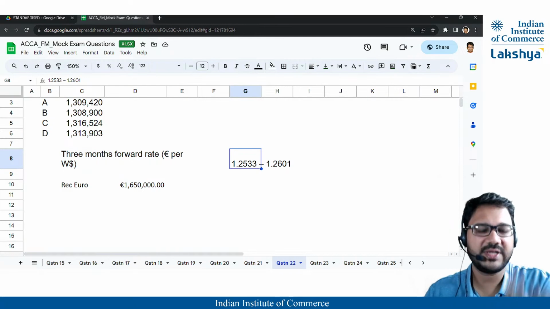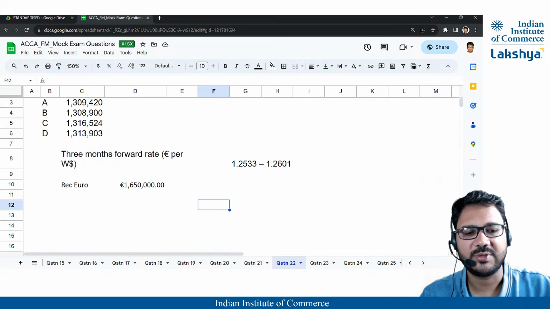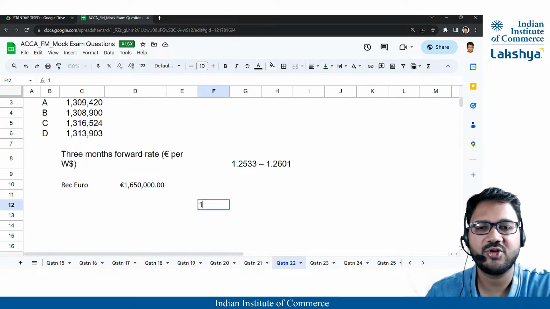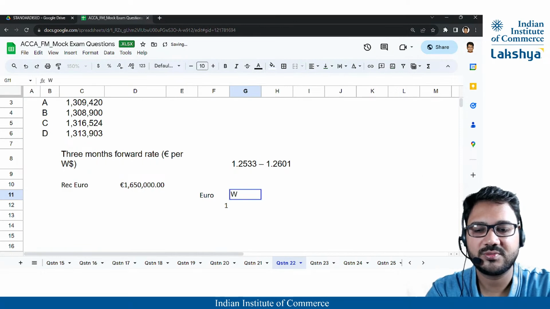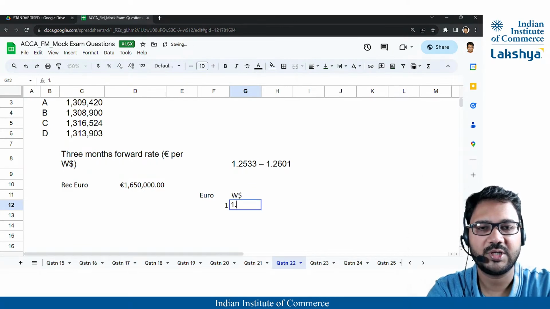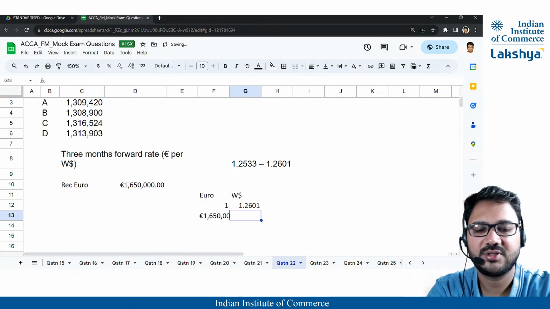So it's going to take more euros, which means 1.2601. So we say that €1 is equal to 1.2601.